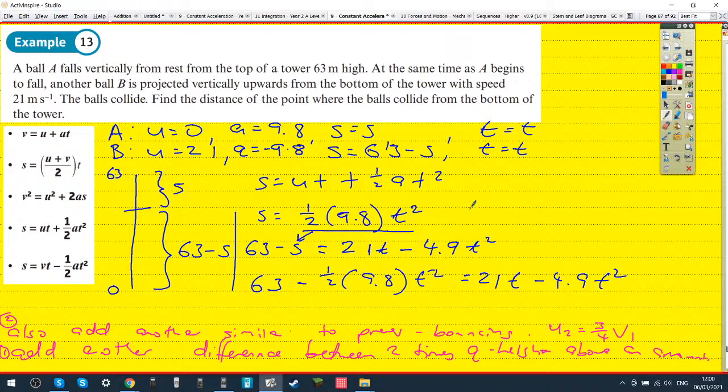So this is simultaneous equations. The other thing is, this is difficult with the s and 63 minus s. An important thing is you can swap between the two because the t's will be the same. Different initial velocity, different final velocity, different distance, different acceleration, but the same time. And that's a useful thing.